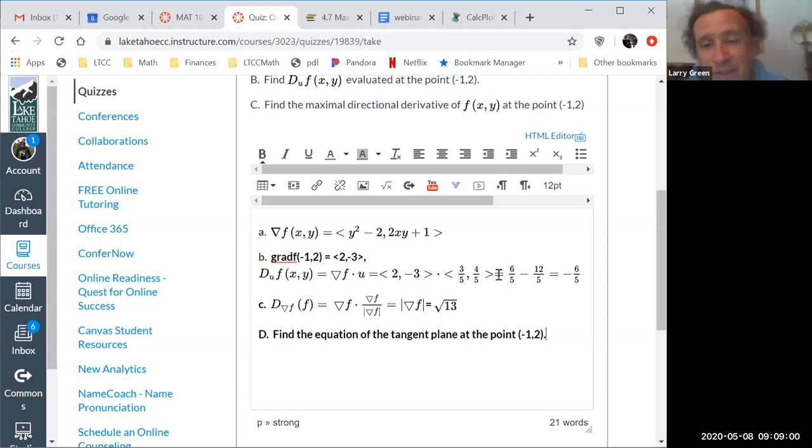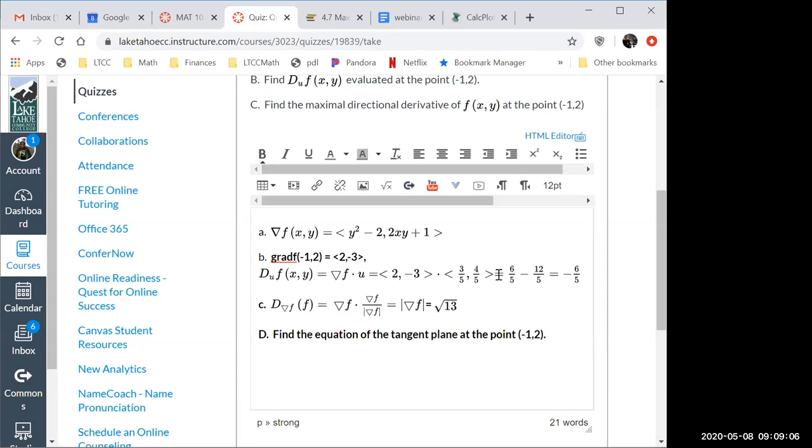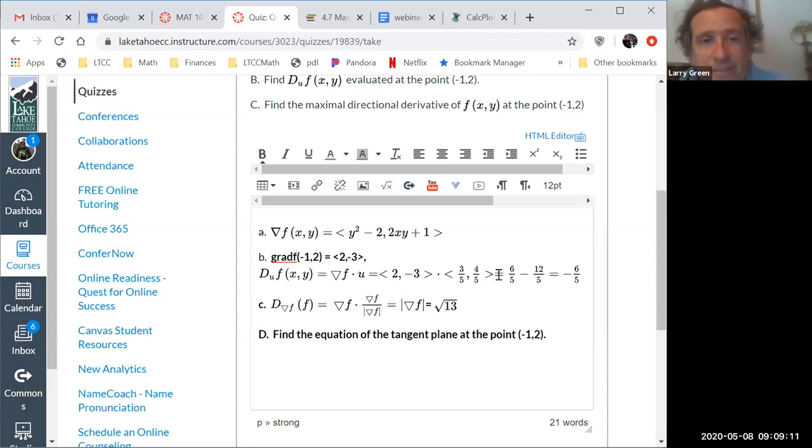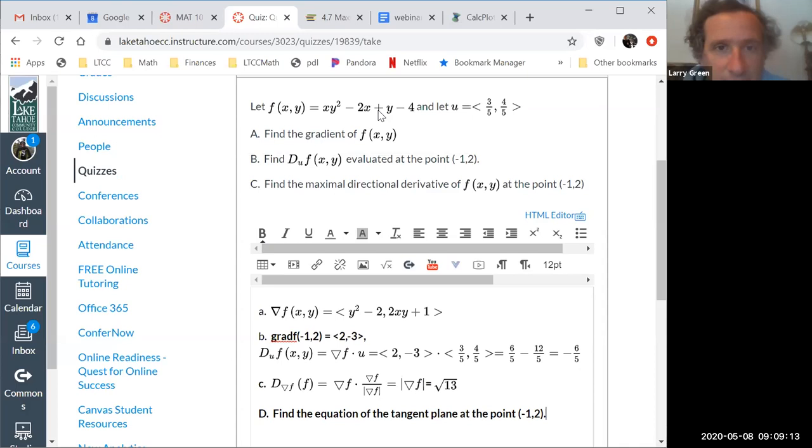Since we're already here, we might as well have done all the work. Is this kind of what you want to know? Yeah. Okay. And when I say the tangent plane, I mean to the function f.